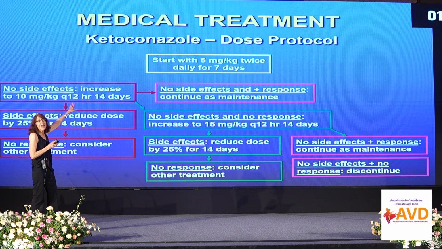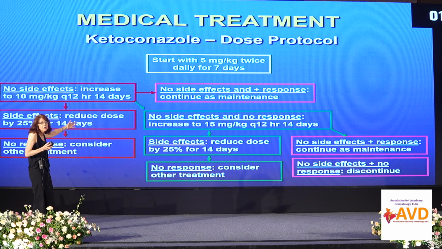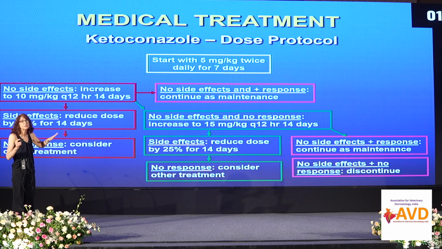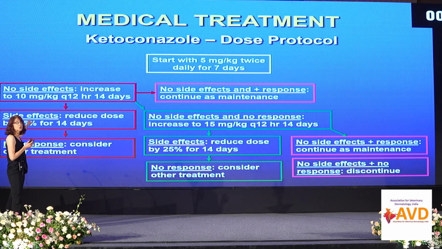And this is just a protocol you can follow, you may already do this, it's just a suggestion. Actually, Nelson and Feldman, the gods of endocrinology, recommend doing it this way. It starts at 5 mg per kg twice a day, just to see if the animal will tolerate ketoconazole. If he tolerates it, then increase to 10 milligrams per kg twice a day.